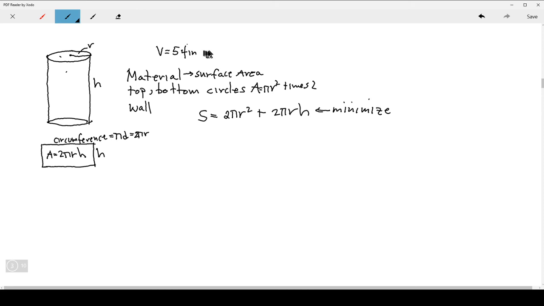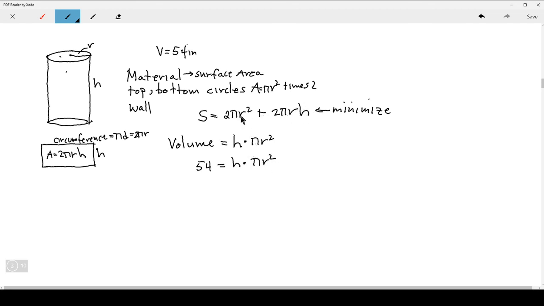So let's talk about volume for a minute. The volume of a right circular cylinder is the height of the cylinder times the area of the circle, pi r squared. If I know the volume, which I do, it's 54 cubic inches, and I know the formula, I would like to get rid of h.